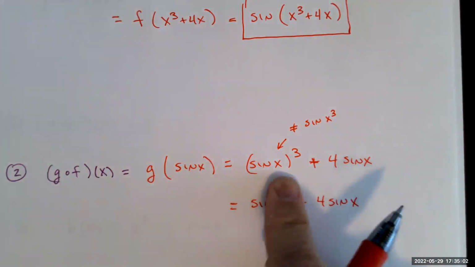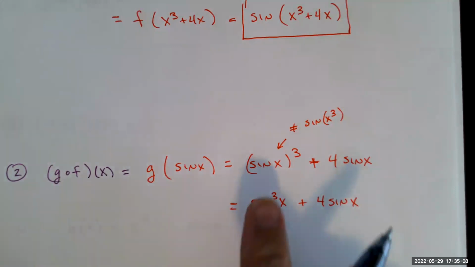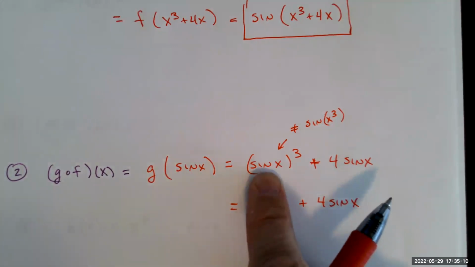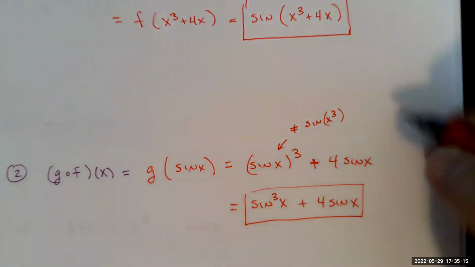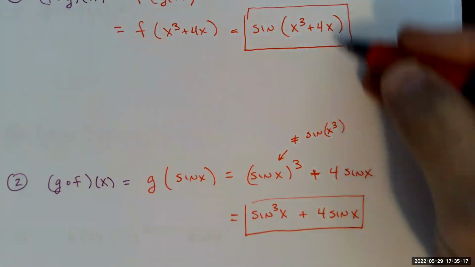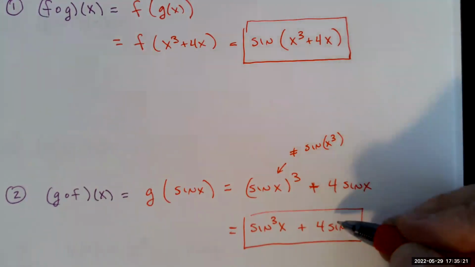Notice the parentheses are real important here. It's cubing x first and then taking the sine, which is not what we're doing here. We're taking the sine first and then cubing it. So this is the composition. And again, you can see the difference between changing the order that we compose with. These are not the same thing.